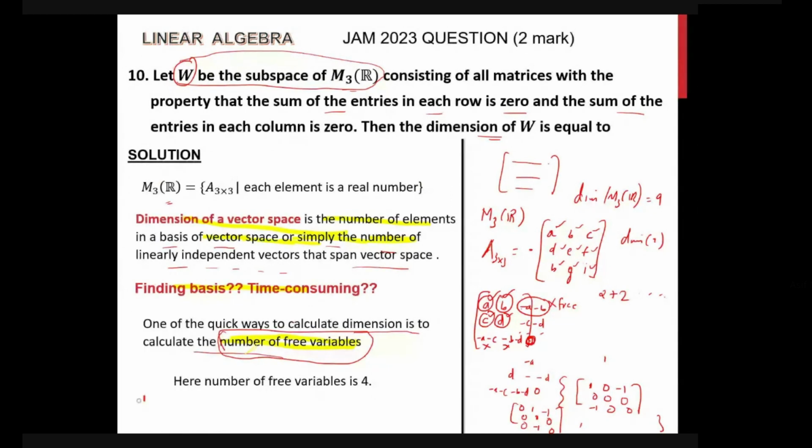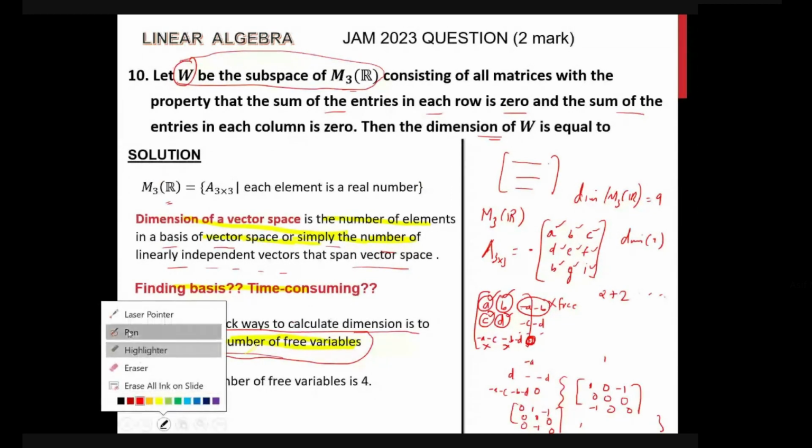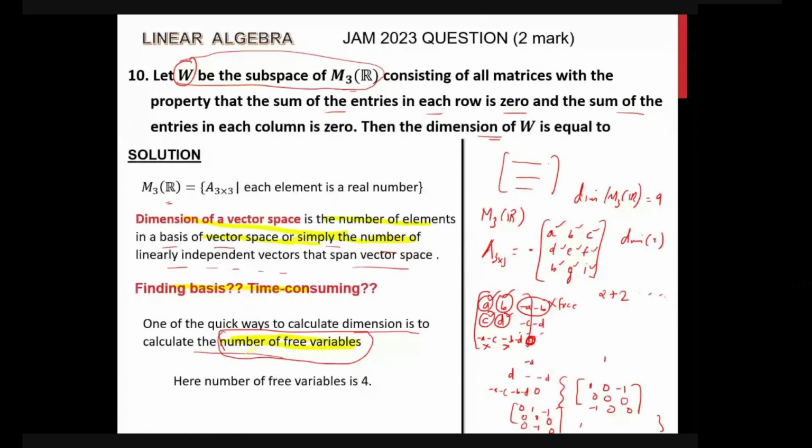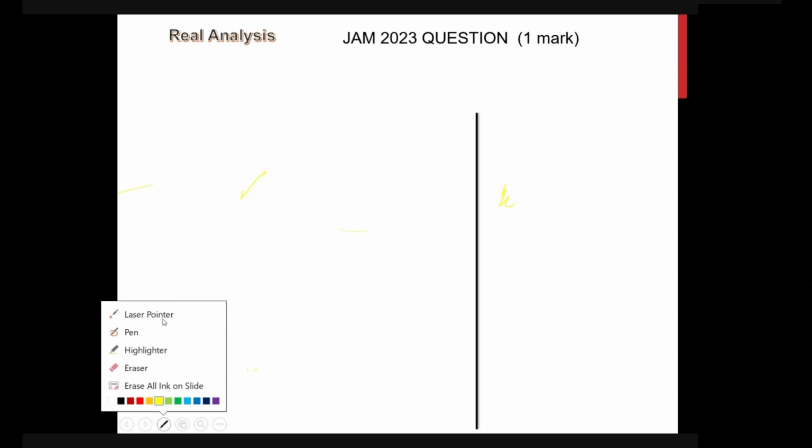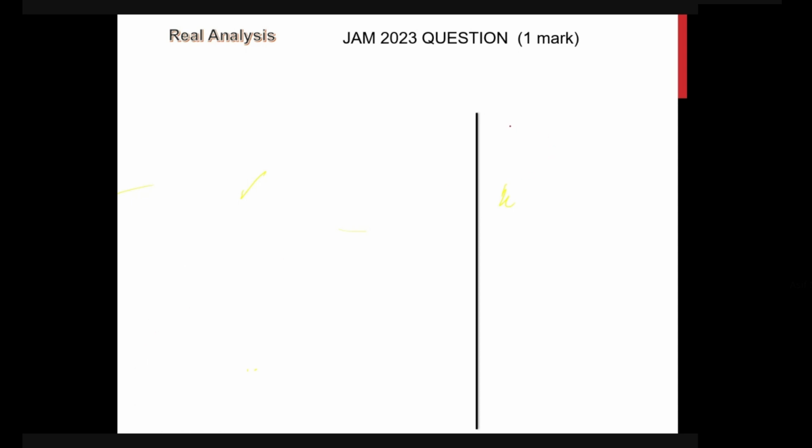For example, if you have a subspace W1 equal to the set of all (x, y, z) belonging to R3 such that x plus y equals 0, this is a subspace.